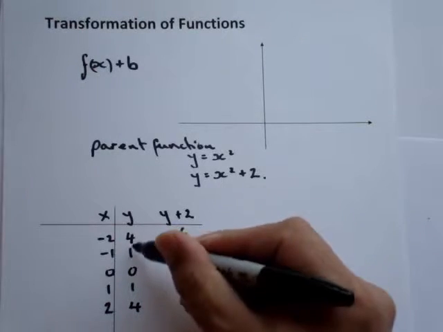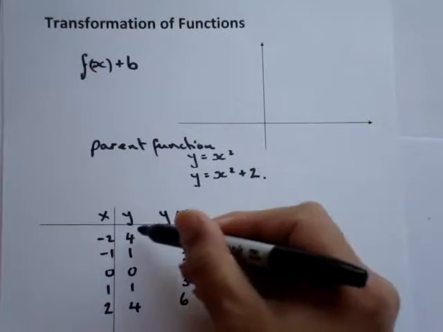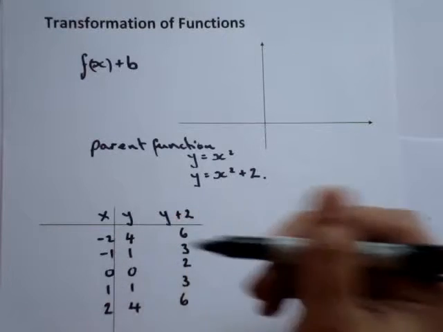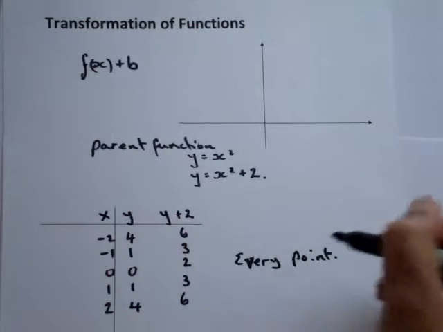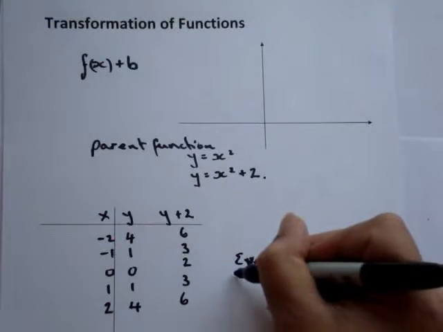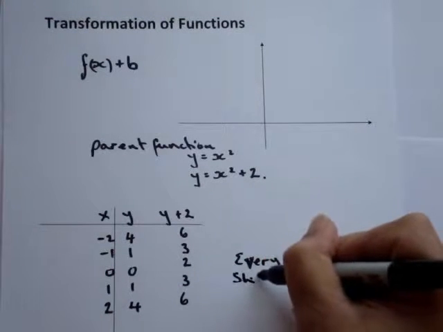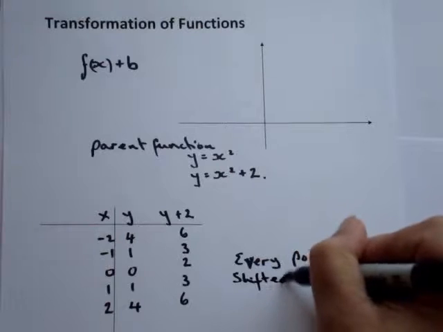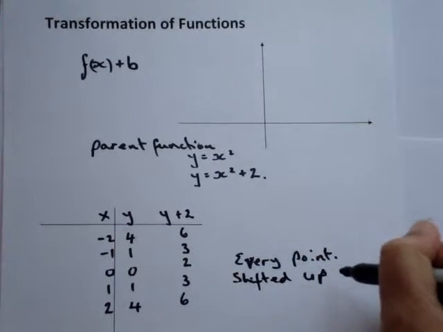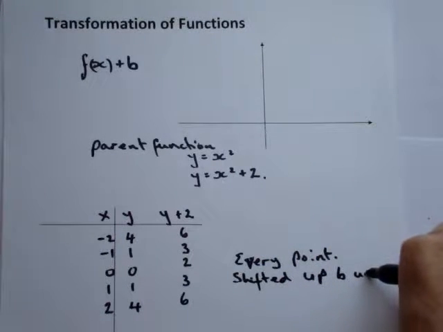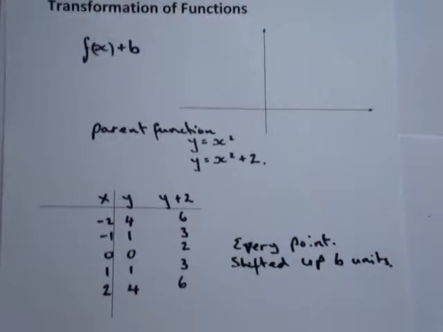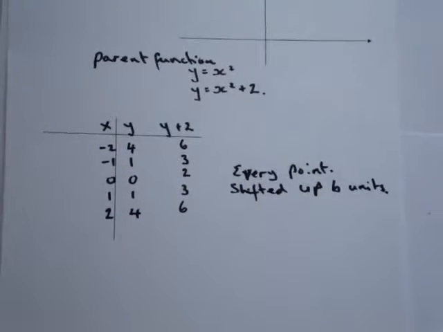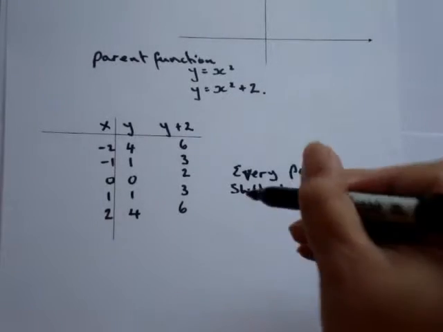So we add the 2, which is b, to the y. So every point is shifted up b units.